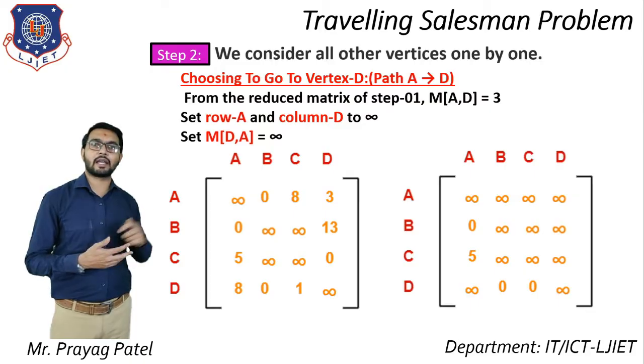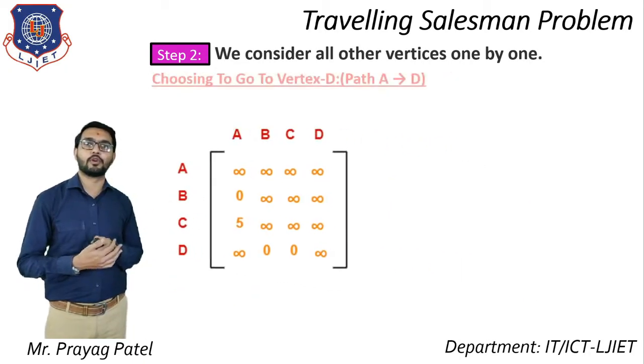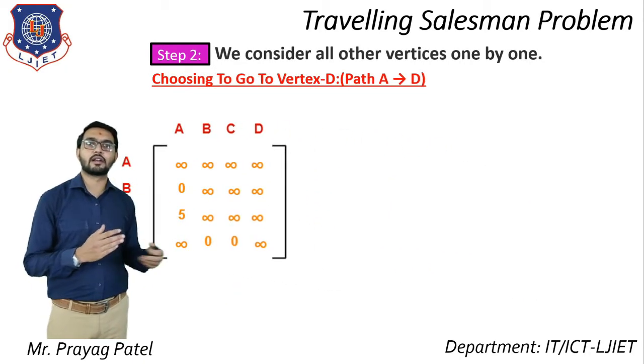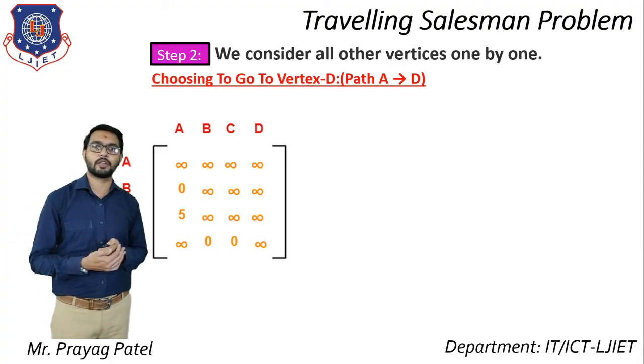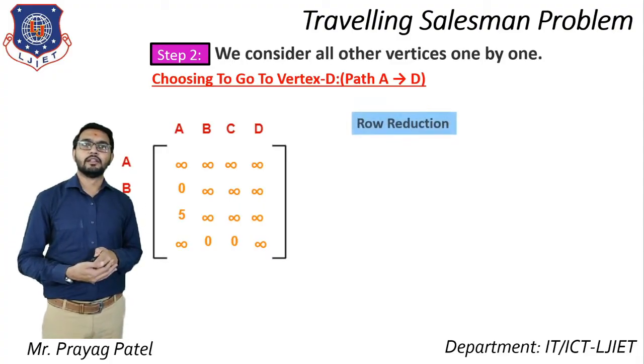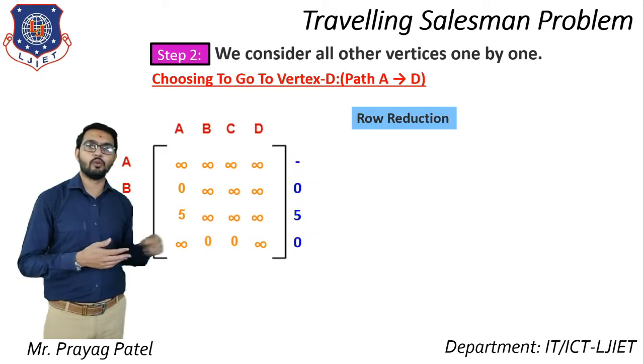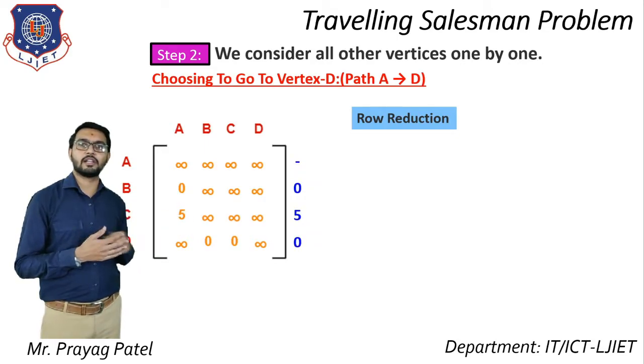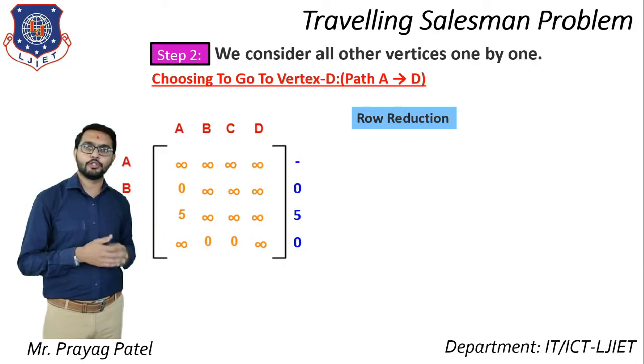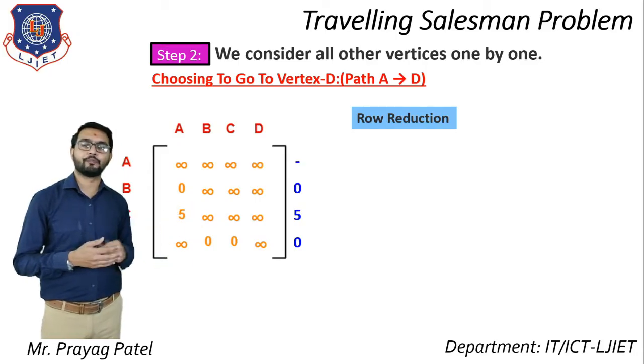Now consider this second matrix as your input and perform the reduction operation. The first reduction operation is row reduction, then perform the column reduction. Now for row reduction, the first row is infinity, the second row contains the value 0, in the third row the minimum value is 5, and the fourth row contains 0.